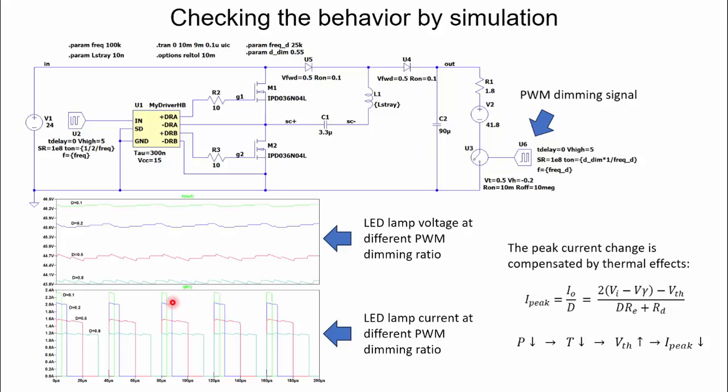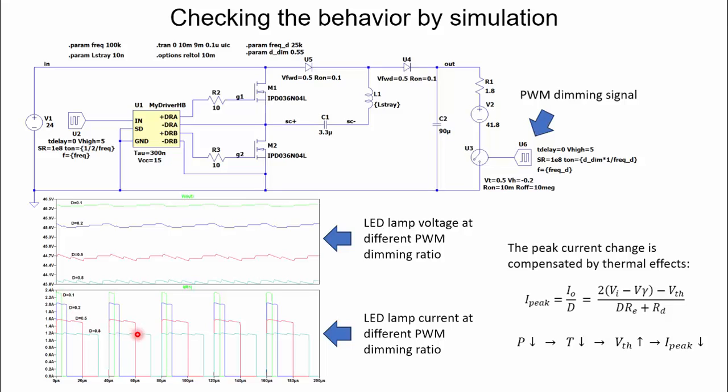So we can check that for a high value of the duty cycle, 0.8, we have this waveform in light blue. So the peak value is 1.2 amperes. But when we decrease the duty cycle, the peak value is increasing. So for example here, for a duty cycle of 0.1, we get almost 2.4 amperes peak.